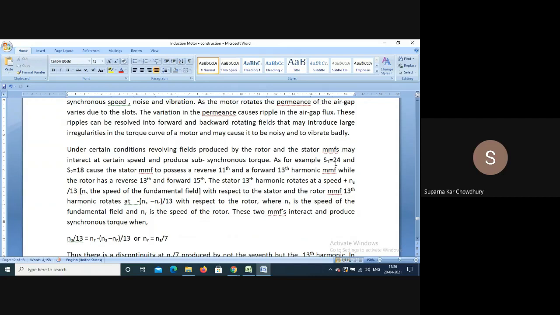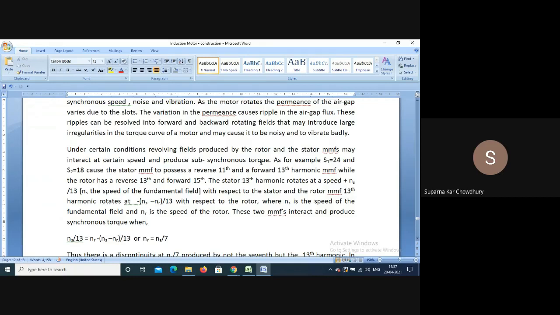Say for example, we have stator slots equal to 24 and rotor slots equal to 18. This combination will possess reverse 11th and forward 13th harmonic MMF. The stator will create forward rotating 11th, backward rotating 11th and forward rotating 13th harmonic, while the rotor structure will produce backward rotating 13th harmonic and forward rotating 15th harmonic.